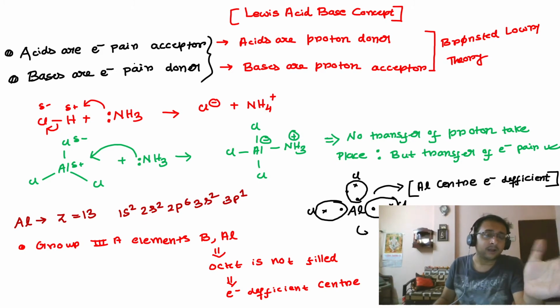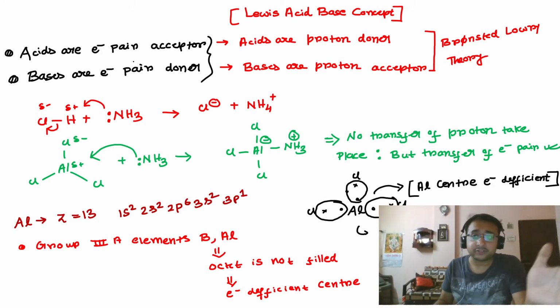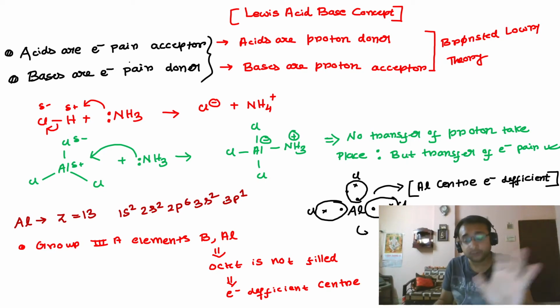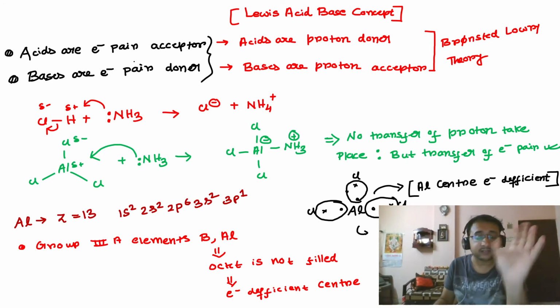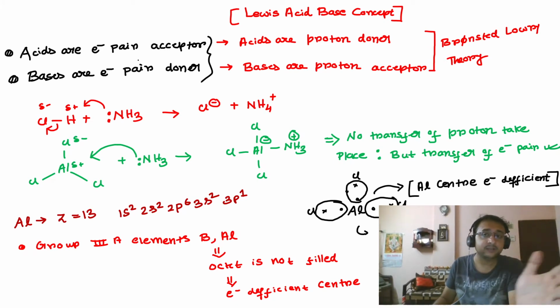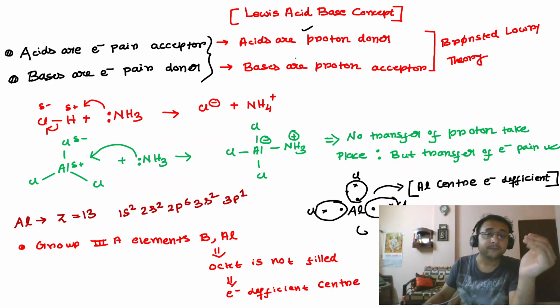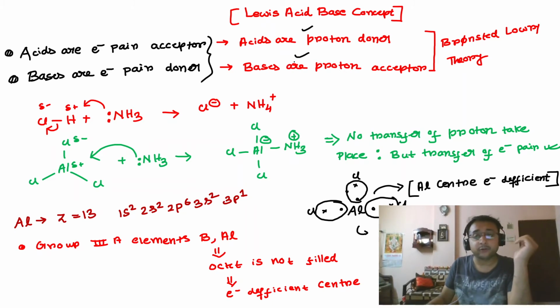Now, I have already discussed the Bronsted-Lowry acid-base theory, which came before the Lewis acid-base theory. According to the Bronsted-Lowry theory, acids are proton donors and bases are proton acceptors. So why do we need this Lewis acid-base concept?